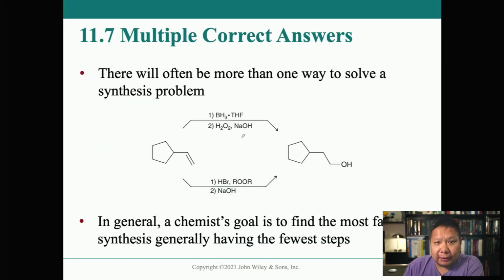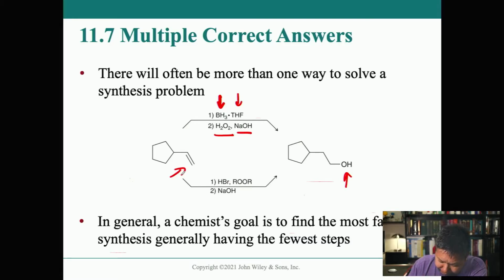Okay. So just remember that there's always more than one way to solve one of these synthetic problems. Just an example, we can use boron trihydride, or someone else would call it borane, and tetrahydrofuran along with hydrogen peroxide and sodium hydroxide, and you can change this alkene and hydrate it to an alcohol.